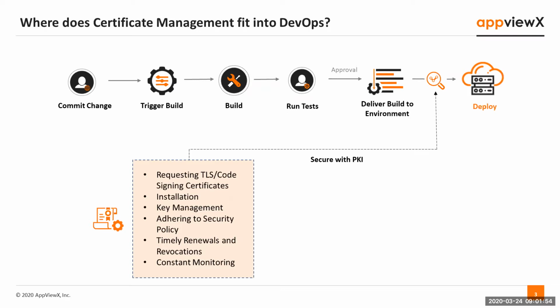You'll trigger a build, initiate that build, run tests, and then if it's approved, and the deployment appears to be successful, it will move forward. Within that process, oftentimes there's the need to issue PKI or certificate, which invokes requesting of either code signing or certificate creation instance.